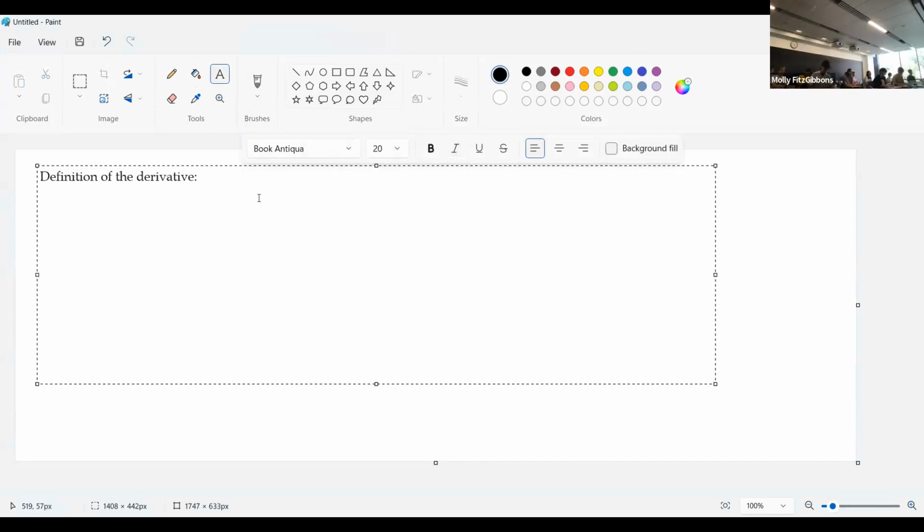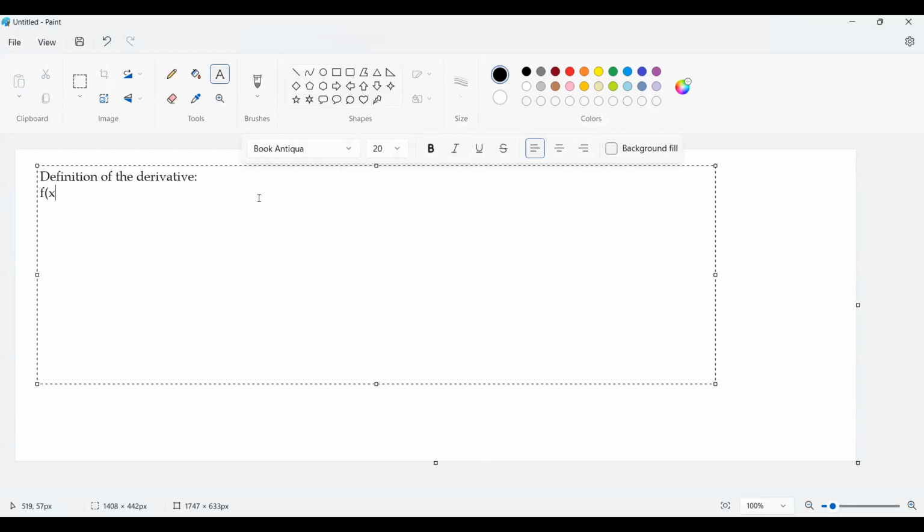Okay, so f prime of x, or df/dx, is the limit as h goes to 0, and then the numerator is going to be f of x plus h minus f of x, divided by h. All right. So is everybody comfortable with this as the definition of the derivative?